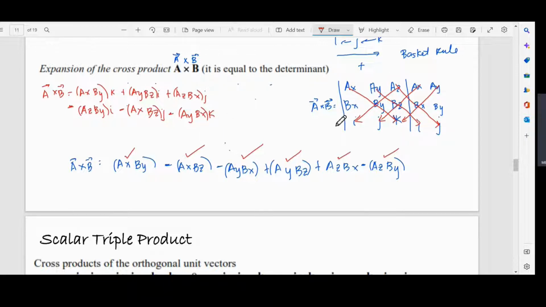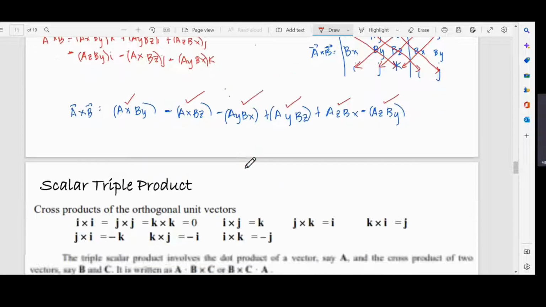So, ito yung tinatawag nating determinant. By using the basket rule or by using the matrix. Okay? So, proceed tayo sa next.